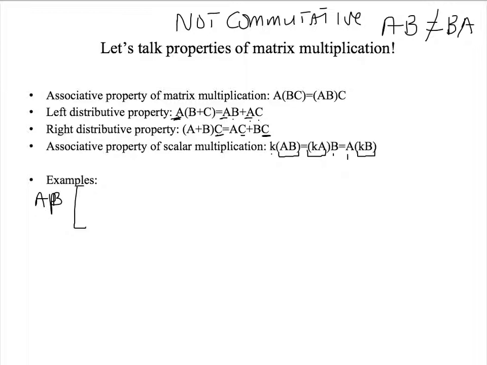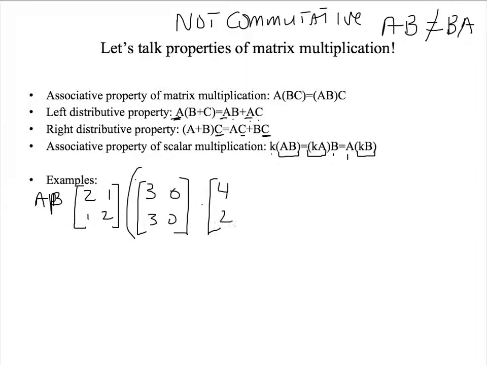So this is like saying that if I multiply a matrix by the product of two other matrices, I'm going to get the same answer as if I multiply the first matrix by the second and then multiply that product by the third.